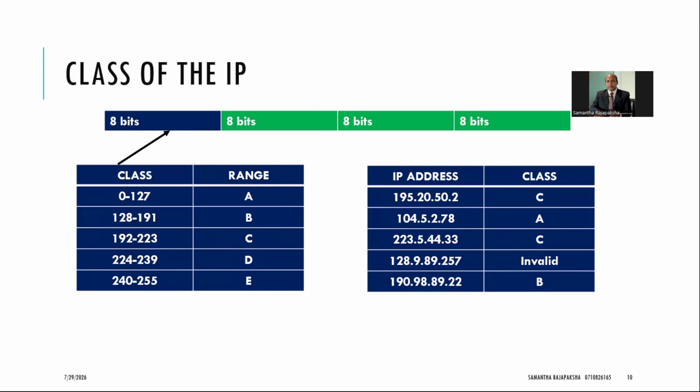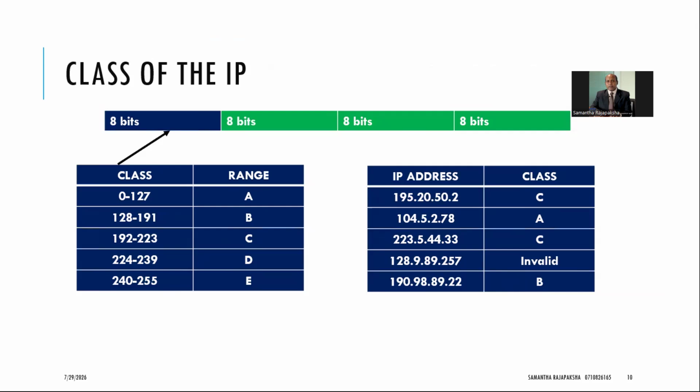Then the next important thing in an IP address is the class. Once an IP address is given, you must be able to identify what the class is, which is very important. You can see in most past papers, you cannot do anything if you are unable to find out what the class of the IP is. So how do you find the class of the IP? Take the first 8 bits, or the first part of the IP address.